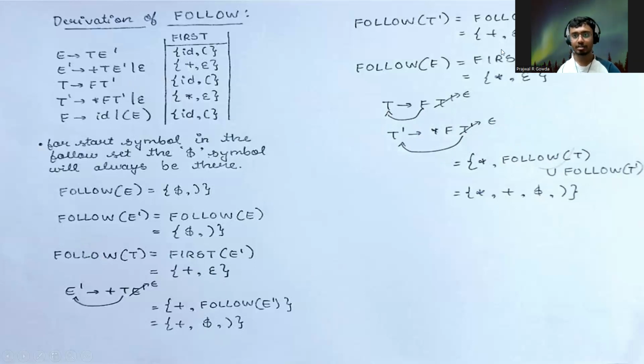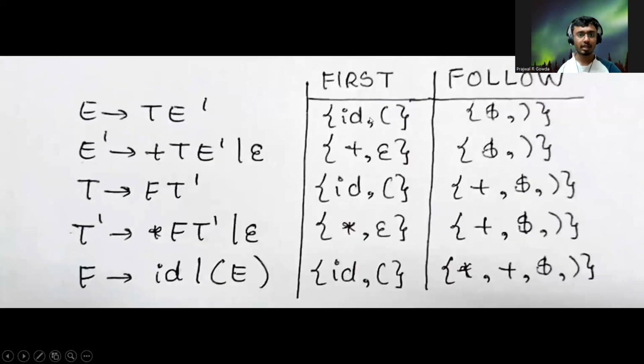Then follow of T dash is plus, comma, dollar sign, comma, closing parenthesis. So follow of F is star, comma, plus, comma, dollar sign, comma, closing parenthesis. Now we derive all the follow for all the non-terminals. Now we have derived all the first and follow for the non-terminals.